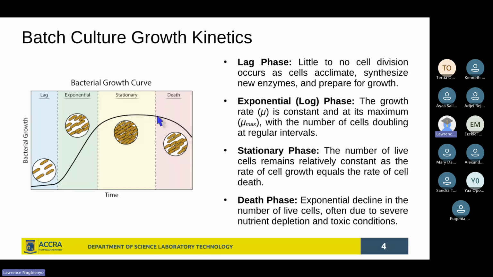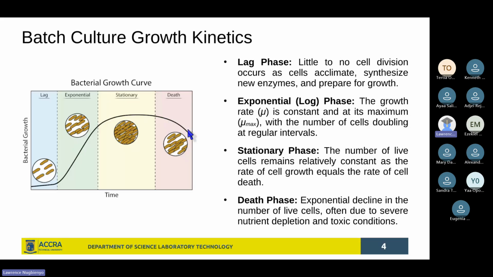You have that happening with the last phase, which is the death phase, primarily because of depletion of nutrients in a bioreactor, and also because you do have these cells which have doubled over this period of the exponential phase, where they've doubled in their numbers and increased, and then when they get to the stationary phase and they keep undergoing their metabolic processes, they produce some toxic metabolites as well.